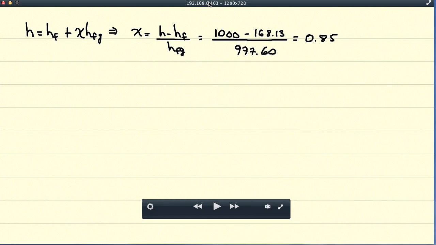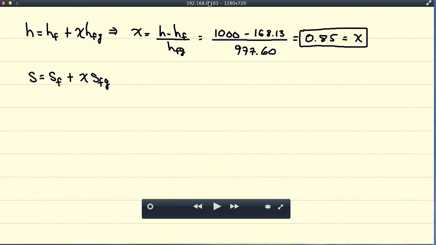Okay, and now that we know what the quality is, we can take the quality information and calculate what the entropy is. To do that, we use our quality equation, only now we'll be writing it in the context of entropy. So we have S is equal to the saturated liquid entropy SF plus the quality times SFG, the difference between saturated vapor and saturated liquid entropy.